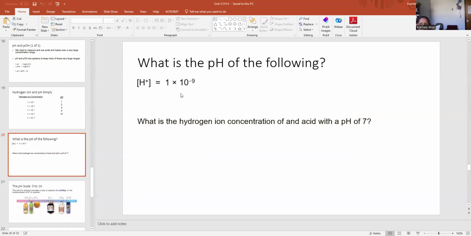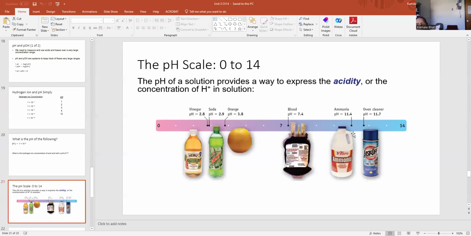Here the hydrogen ion concentration is 10 raised to minus 9, so pH will be 9, because the negative of negative 9 is 9. What is the hydrogen ion concentration of an acid that has a pH of 7? No problem. The hydrogen ion concentration is 1 times 10 to the power of whatever the pH number is, raised to minus 7.